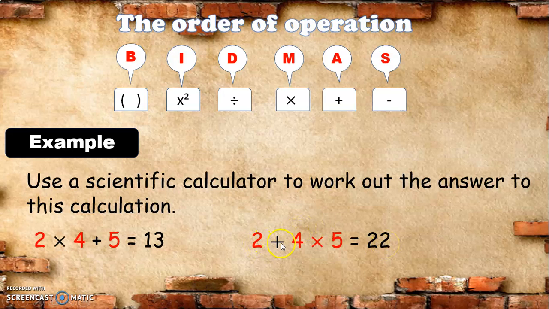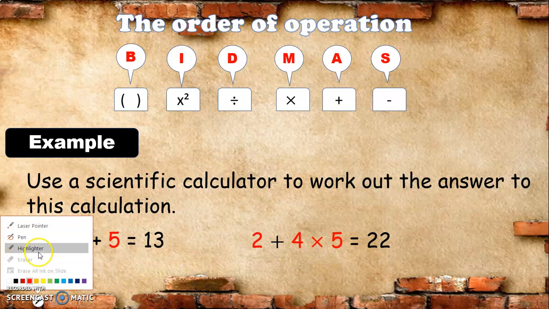If you press this in a scientific calculator, it will give you this answer. Using the order of operation, as you see, here is the plus and here is the multiplication. So I will show you again.